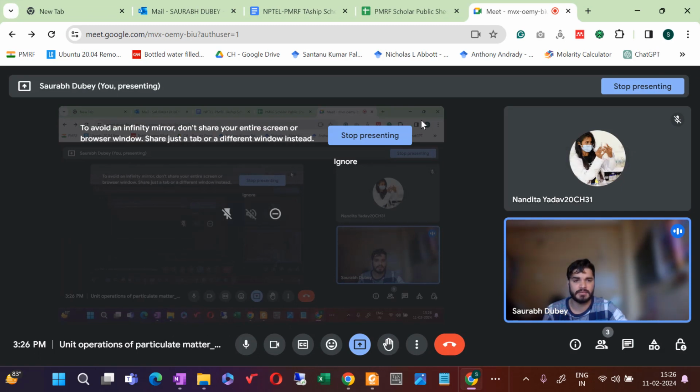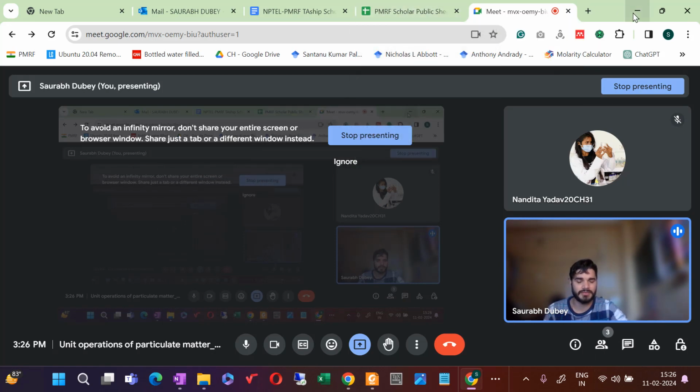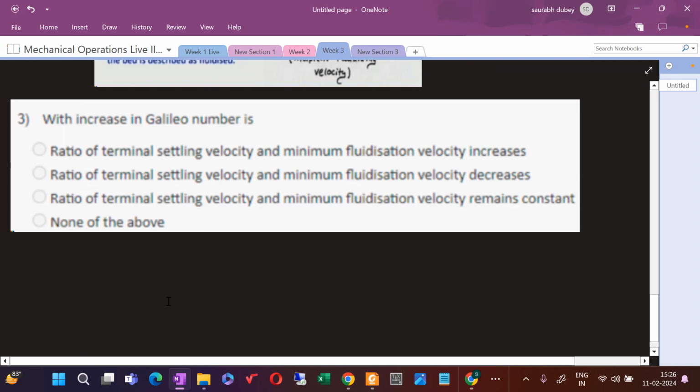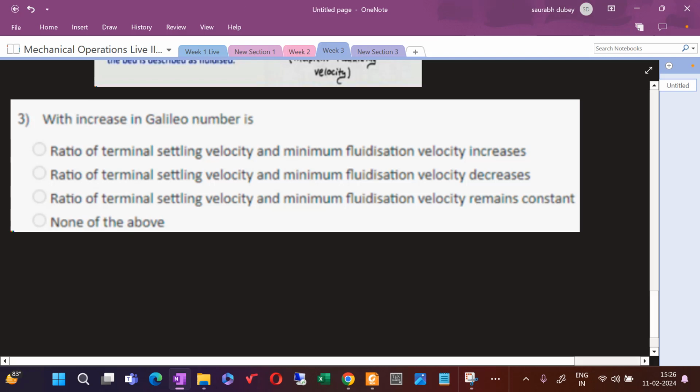Nandita Yadav is there. So solve it and then let me know. In the comments also you can write which option is correct, or whatever you feel. Even if you don't know exactly, you can try, based on your intuition.